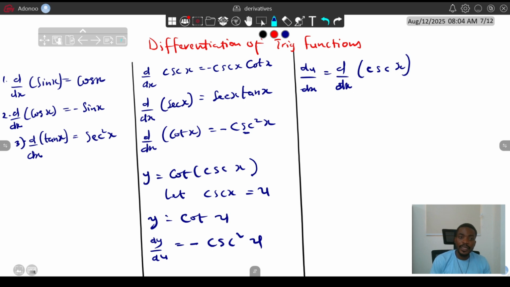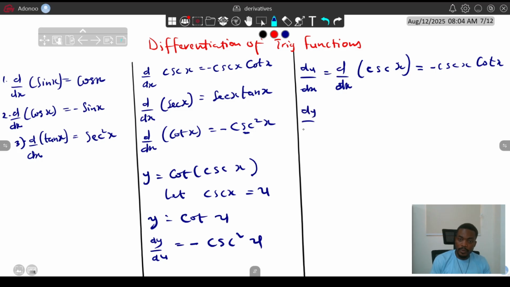If you differentiate cosec x, we have minus cosec x cot x.